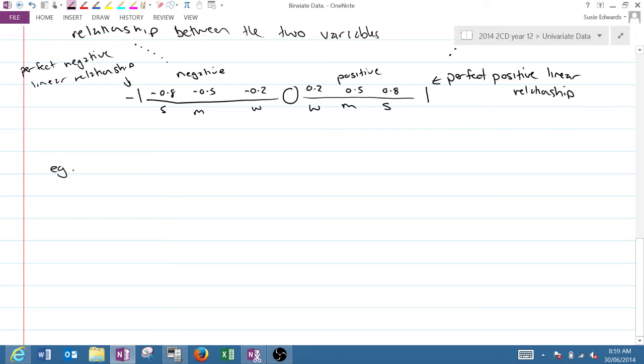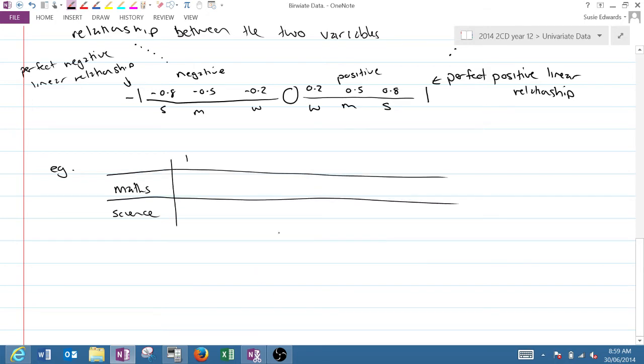So if we look at maths, science, and we draw this table, and we'll just look at like six students, right?